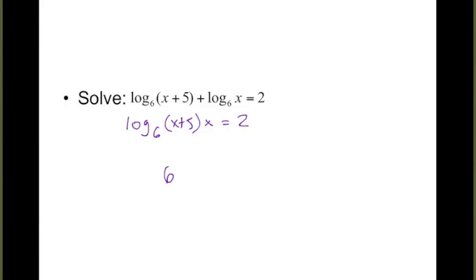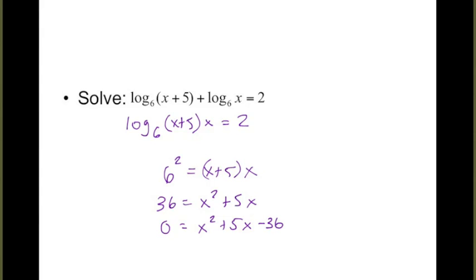The base stays the same, 6, and the other stuff switches positions. 6 squared is 36, and distribute the x. Subtract the 36 to get everything together on one side for the quadratic.